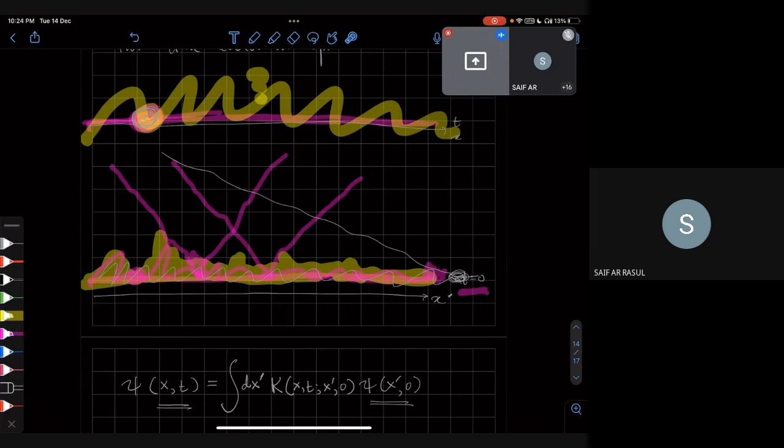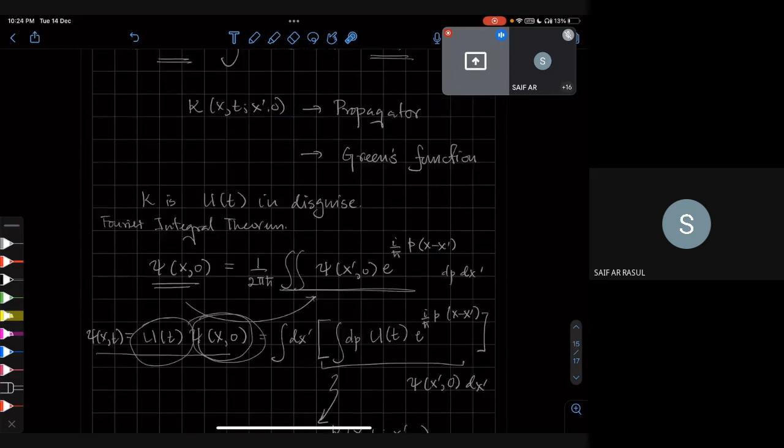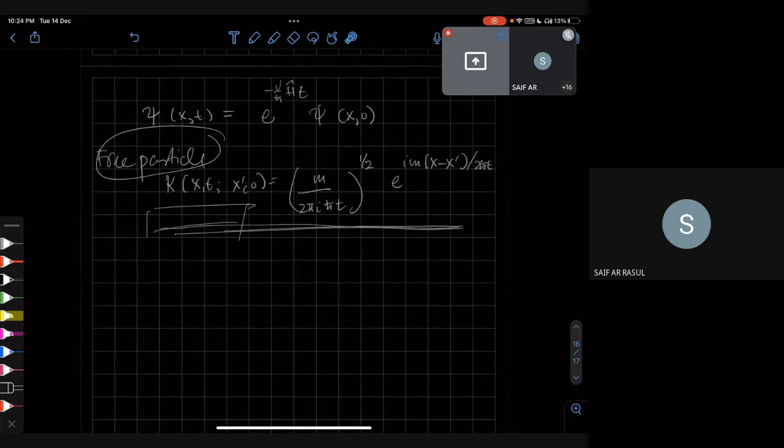So for charged particles, it turns out that your momentum operator P has to be replaced by P plus some charge times the vector potential, the 3-vector potential.